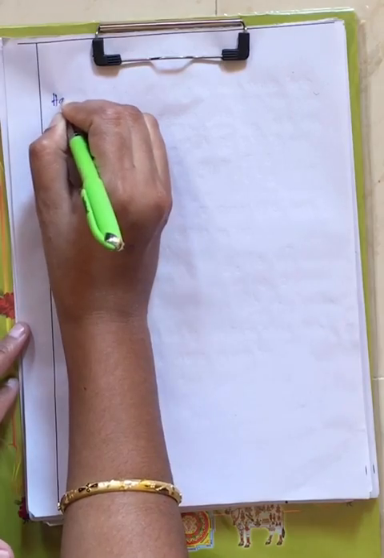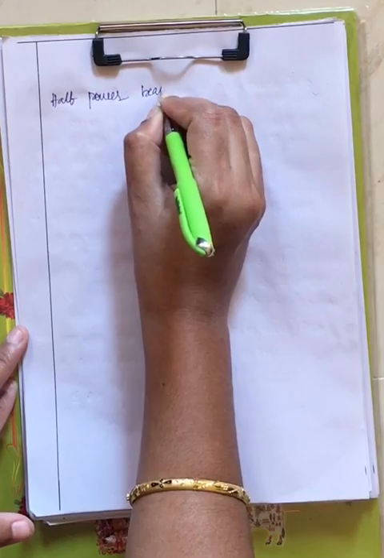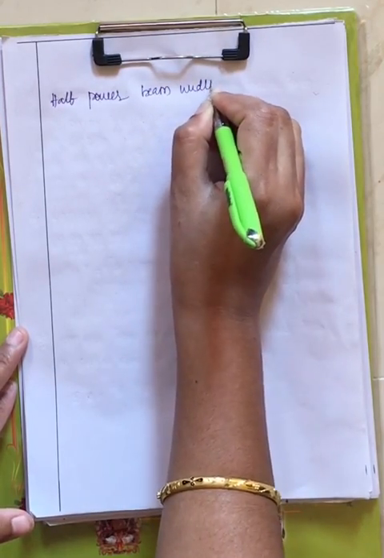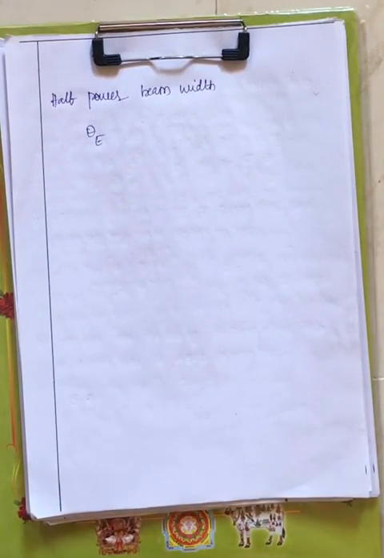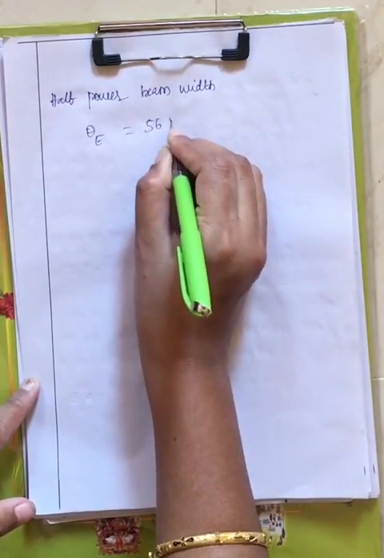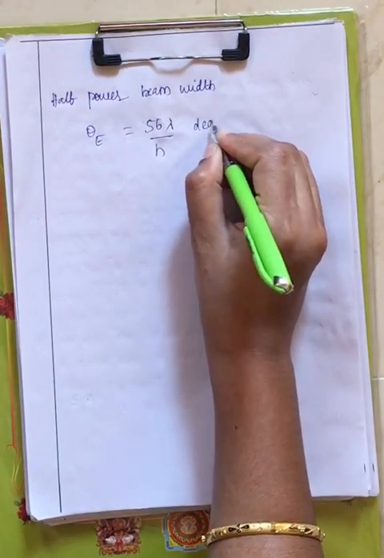Half power beam width for the E direction is given by 56 lambda by H, and this is expressed in degrees.